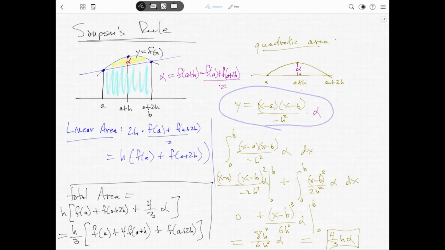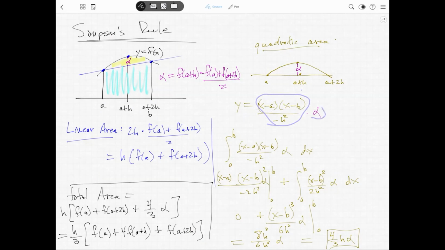This is a simple quadratic function, which you'll notice is 0 at a because it contains the factor x minus a. It's also 0 at b. And when you plug in a plus h, this term becomes h, this term becomes minus h, and h times minus h is minus h squared, so this term becomes 1.